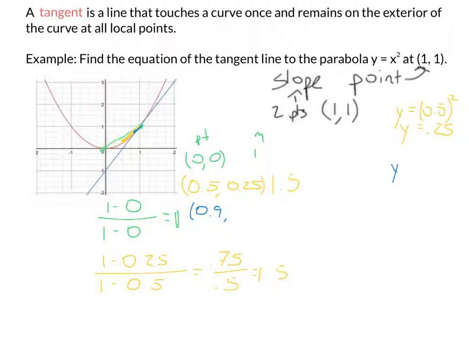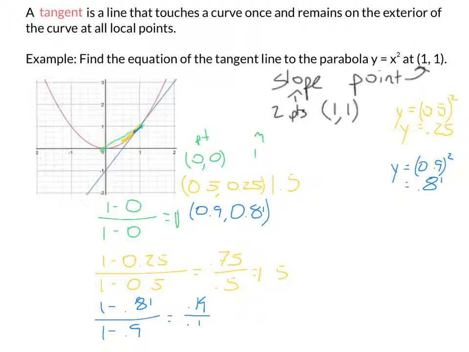Well, what's my y value? So I'll do 0.9 squared, which results in 0.81. And my slope, 1 minus 0.81 over 1 minus 0.9. And so we get 0.19 over 0.1, or rather 1.9. So my slope for that is 1.9.